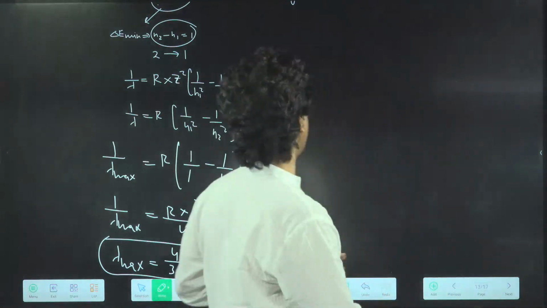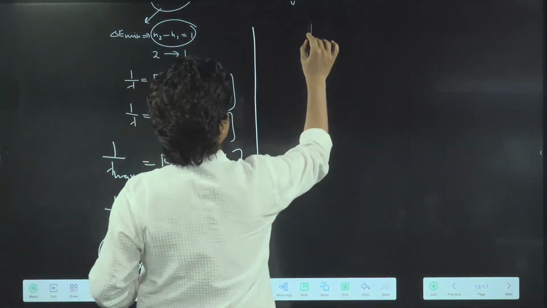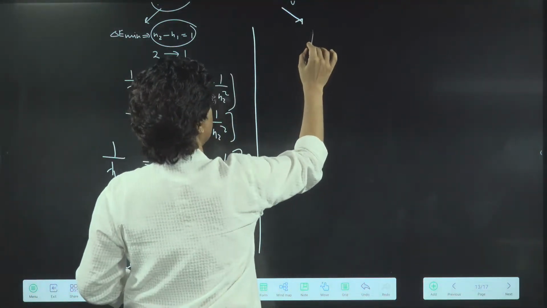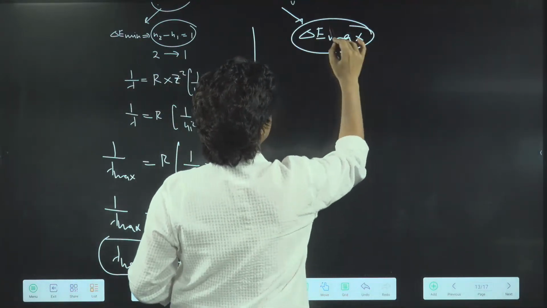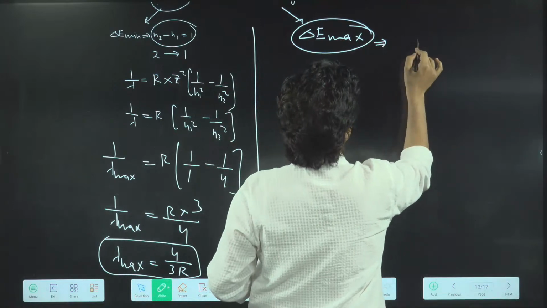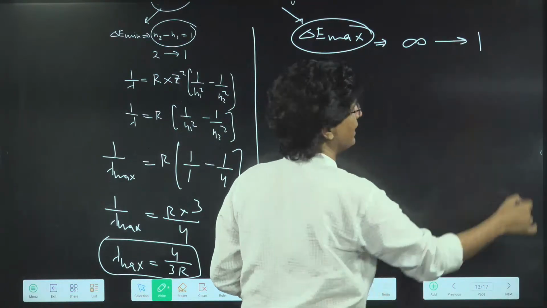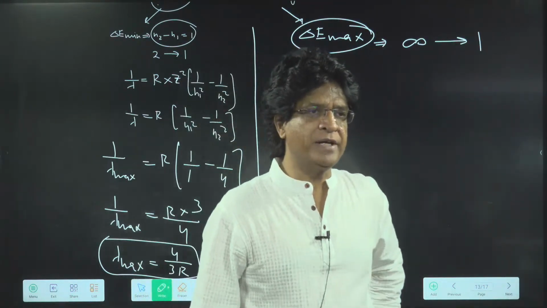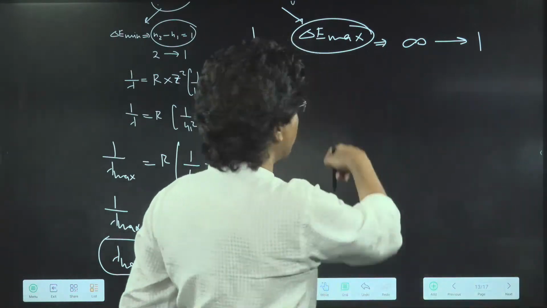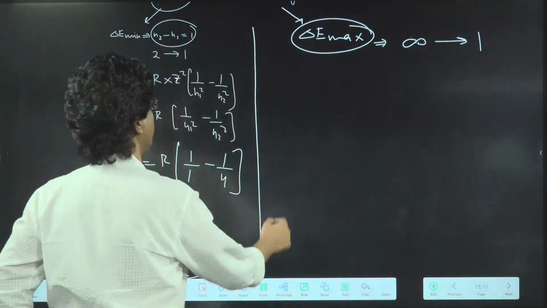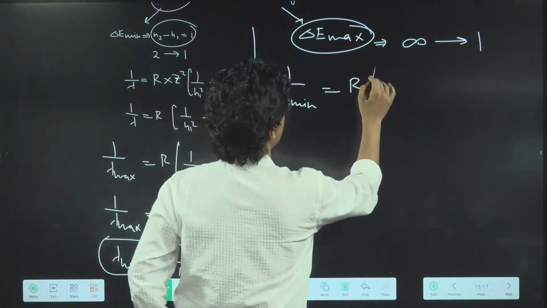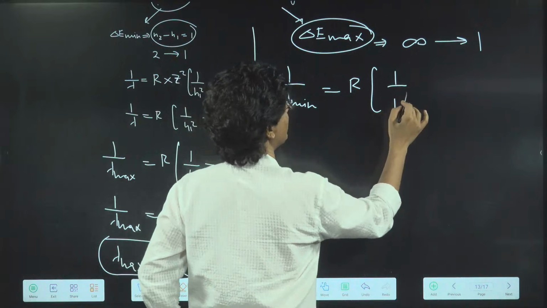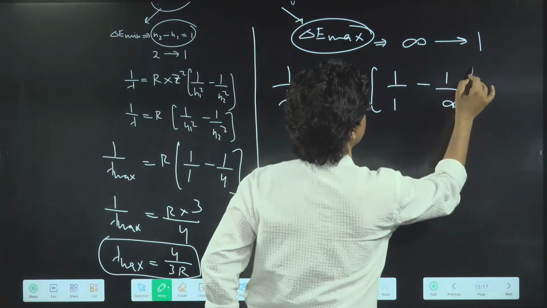Now come to lambda minimum. To have lambda minimum, delta E has to be maximum. Delta E will be maximum when the electron falls from infinity to 1 in Lyman series. So 1 upon lambda min will be R into 1 upon 1 square minus 1 upon infinity.